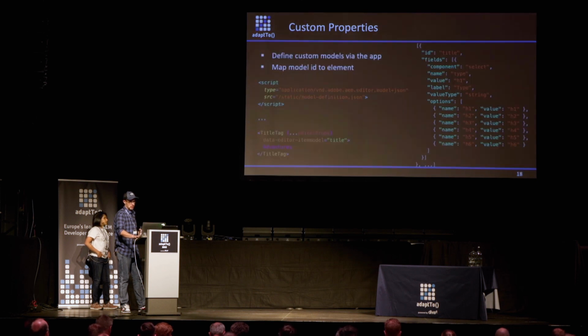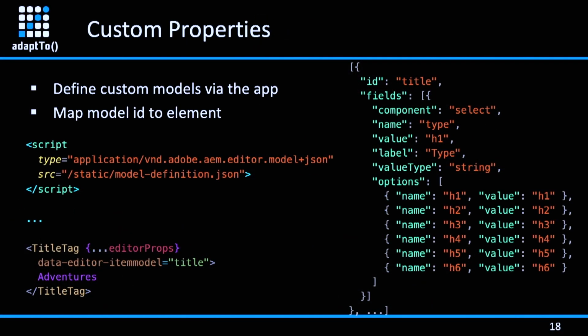And how you do it, in a similar fashion to the component definition, here we have a model definition, and together with instrumentation of a specific field, like for example title, we say that besides the value coming with the title, we would like to render one more field with a set of options. So in this case, we are defining the level of the header, and we have a few variants to choose from.